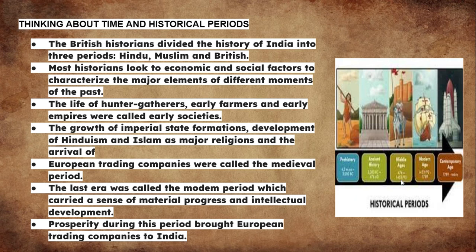Medieval history is about historical periods, rulers, and empires, and Mahasamantas, and more. Modern history talks about government and many other things. Contemporary age talks about rockets, space science, and many other things.